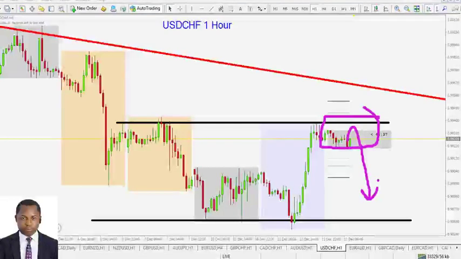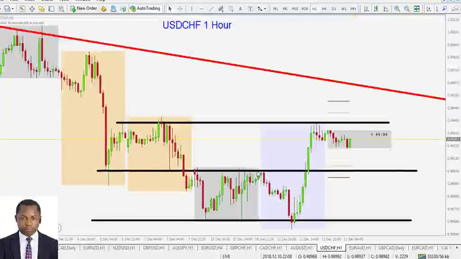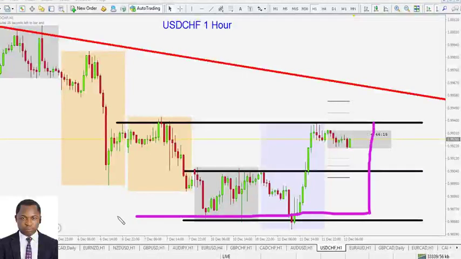I expect to see price going back down. Although there are so many levels of support and resistance here. Actually, a very mixed price action.